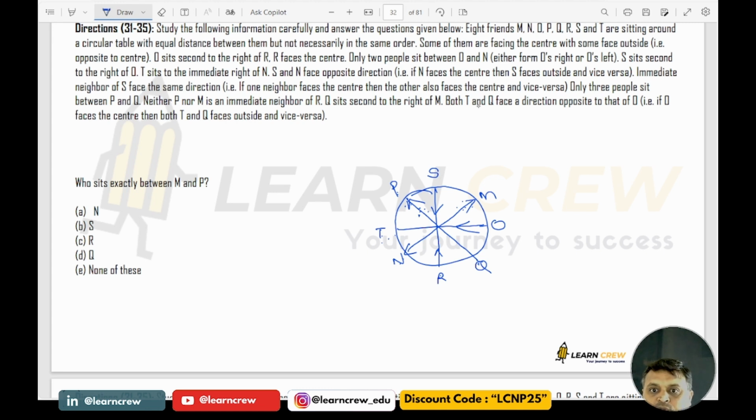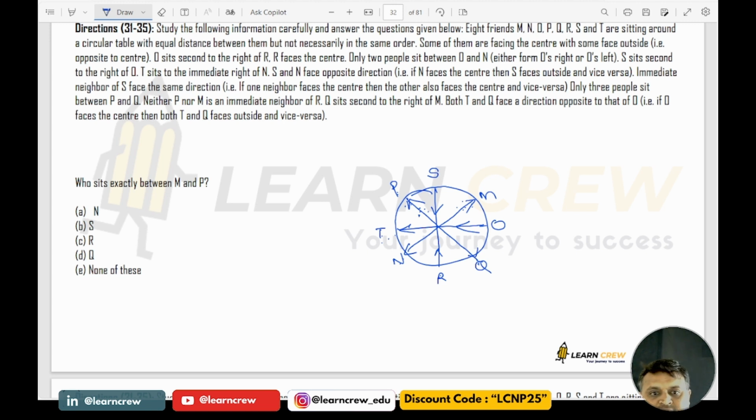Now both T and Q face a direction opposite to O. Both T and Q face the direction opposite, sorry. Opposite means you have to take it outward. These two are outward.